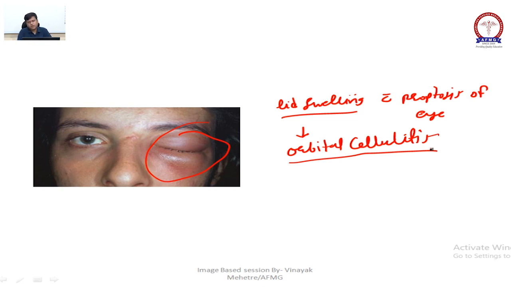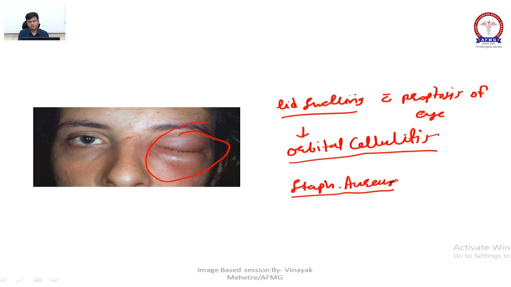Most common organism causing orbital cellulitis is Staph aureus. Okay.